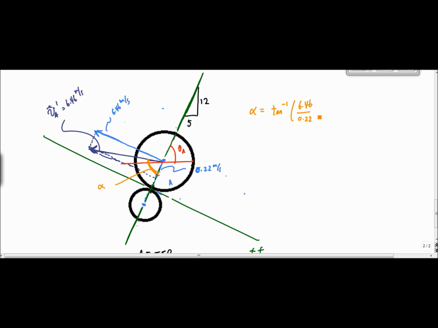And that is 88.05 degrees, and that makes this angle right there 90 minus 88.05, 1.95 degrees.